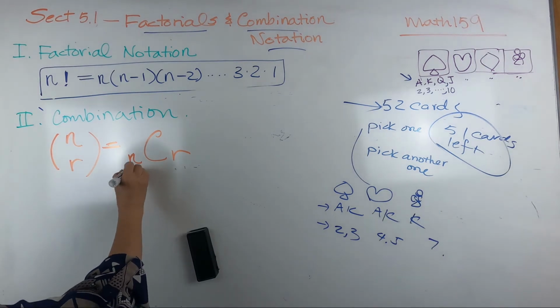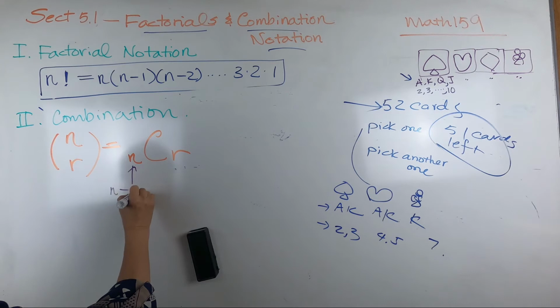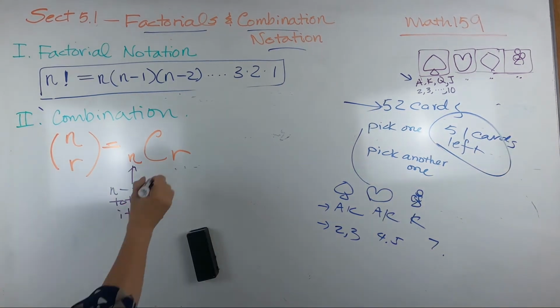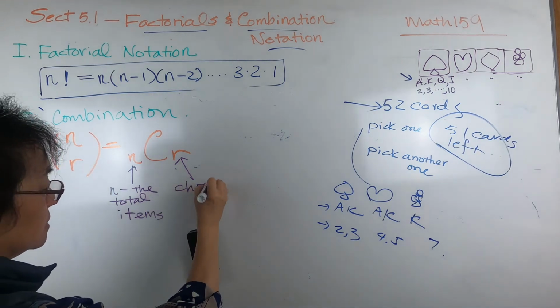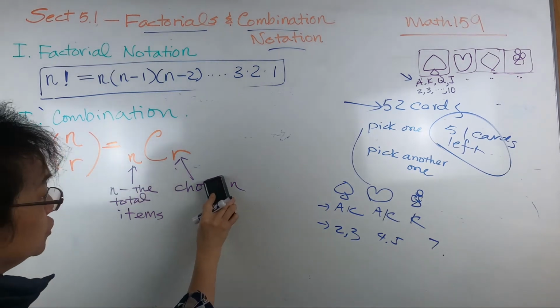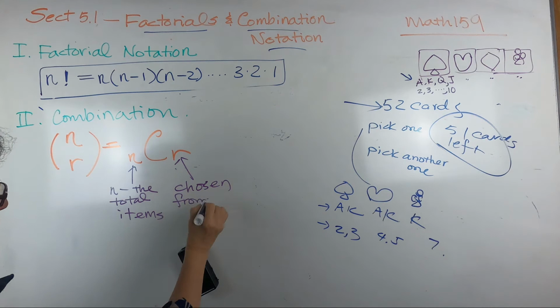So N is the total items you are going to have. Then R is the chosen, the things you are going to choose, okay? Chosen from N.